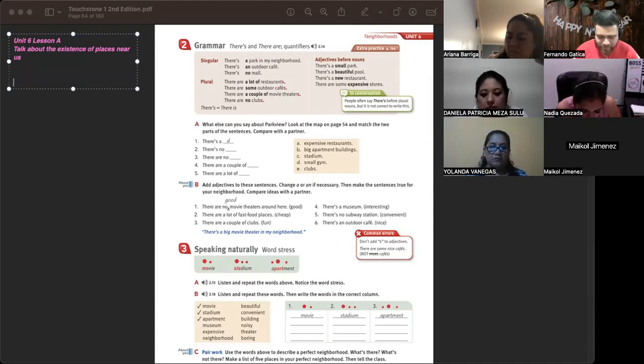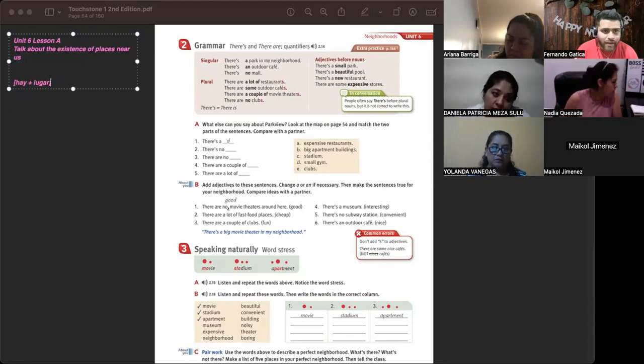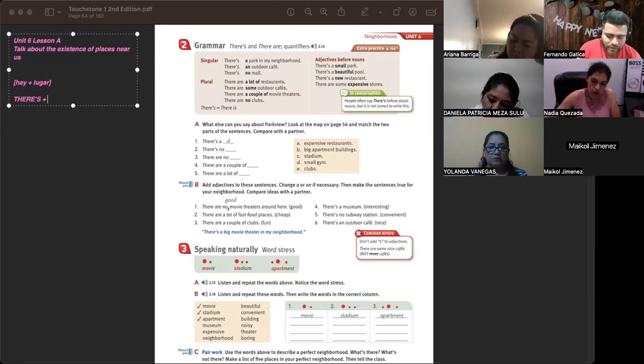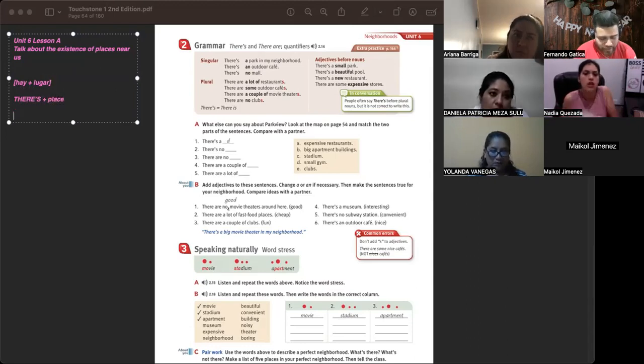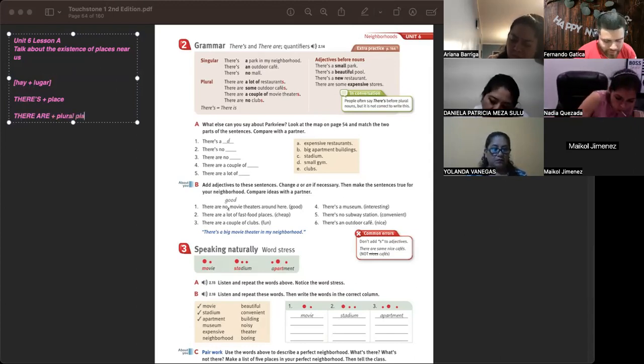There are two options. Ese hay y un lugar en inglés es there is o there's, y con lugares plurales, there are.